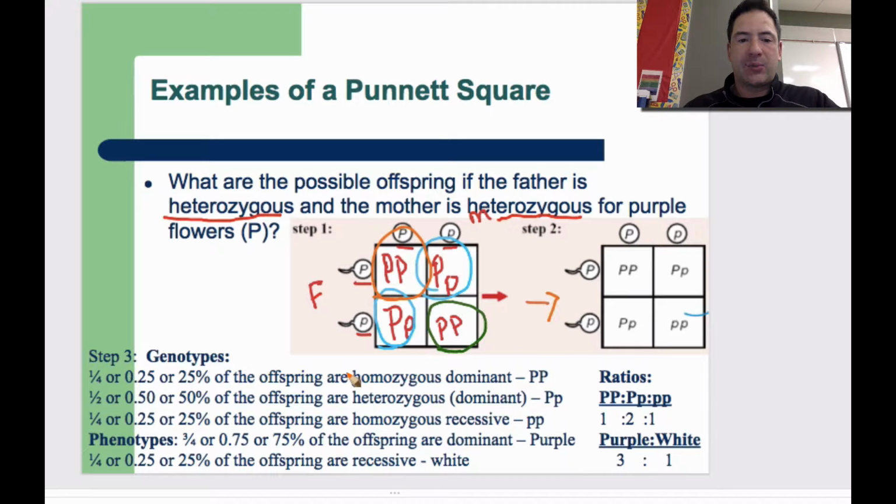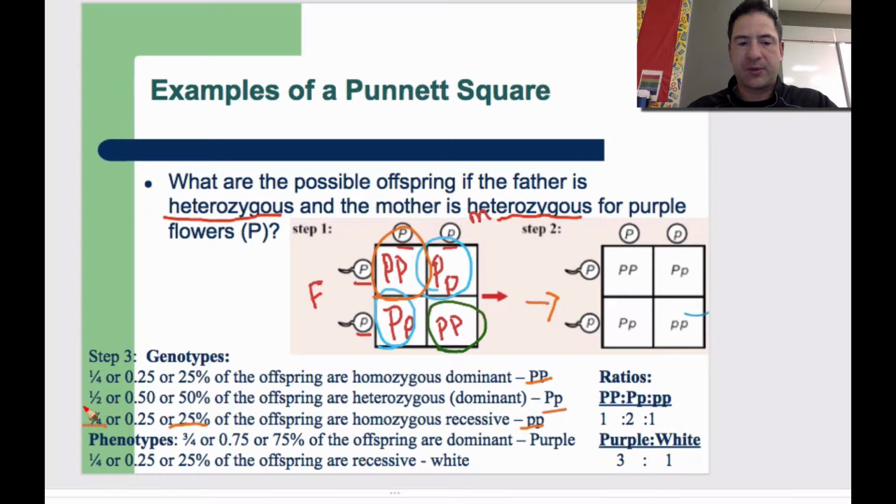Anyways, so then we talked about genotypes and phenotypes. Again, remember, a genotype is the alleles. So we are showing these alleles right here. Those are the alleles: homozygous dominant, heterozygous, and homozygous recessive. In this case, 25% or 1 in 4 are going to be homozygous recessive, and they're going to have white flowers.